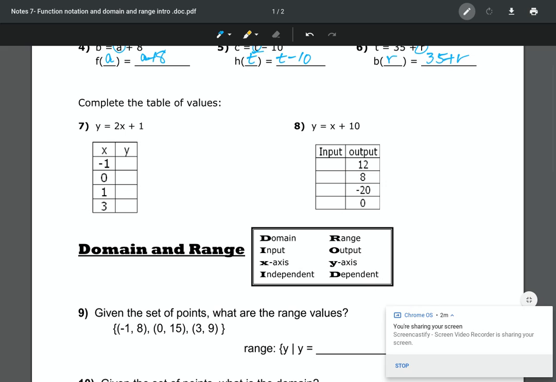All right. What we're going to do now is work a little bit with completing some tables of values, and then we'll come back and show you how to integrate the function notation into the tables.